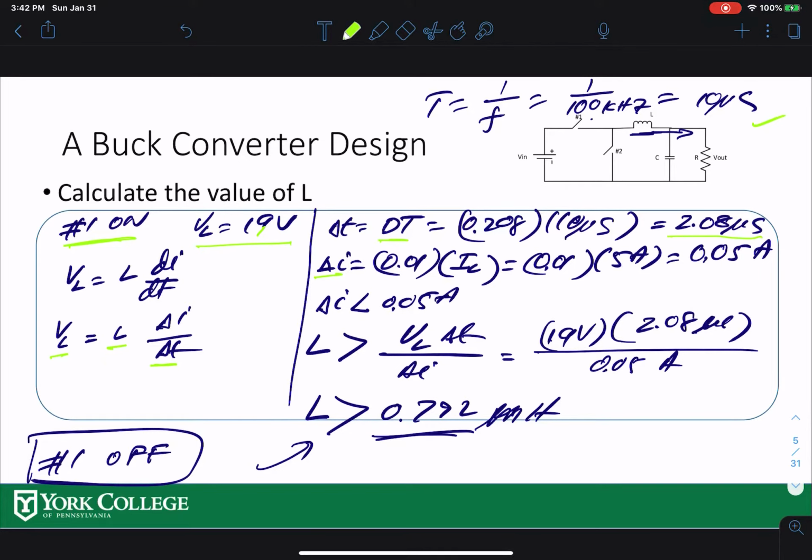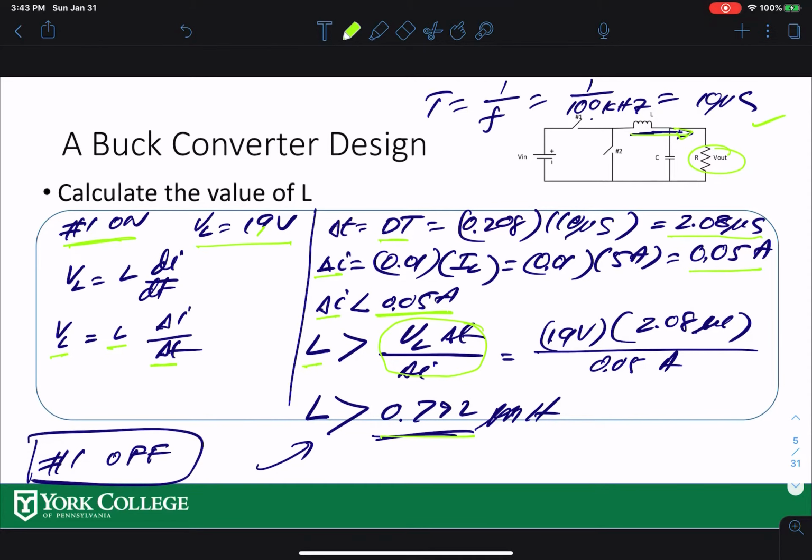The average inductor current is equal to the average output current, which is 5 amps, so delta I is 0.05 amps. Your delta I needs to be less than that, so your L should be higher than this equation gives. Putting in 19 volts, 2.08 microseconds, over 0.05 amps, you get an L value of 0.792 millihenry. That is what we did for when switch 1 is on.